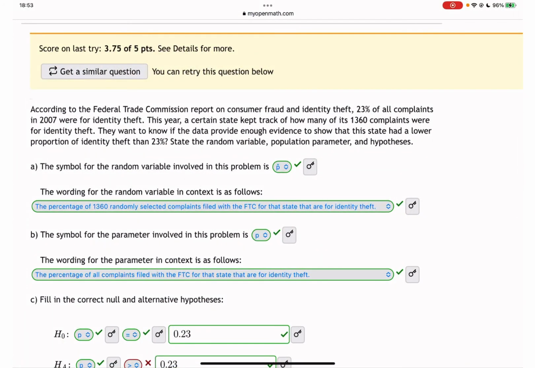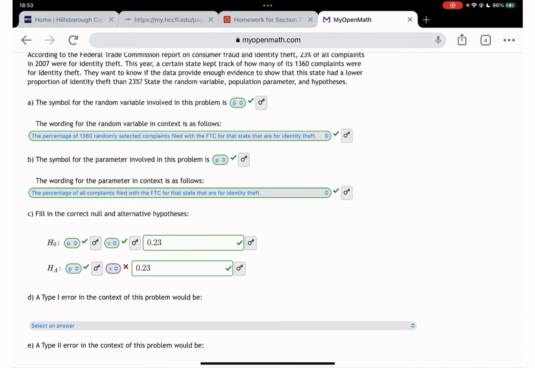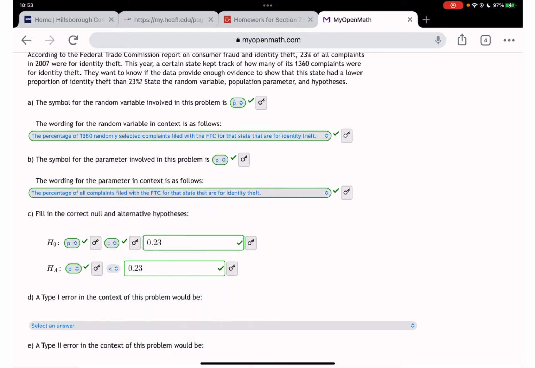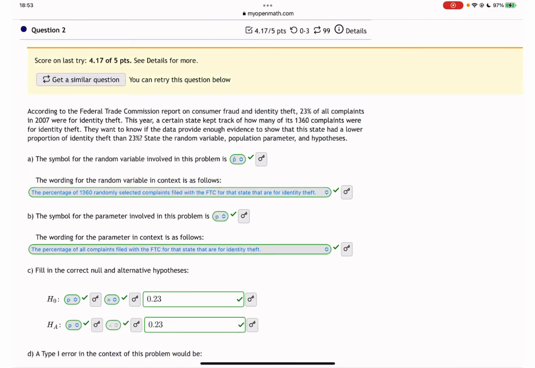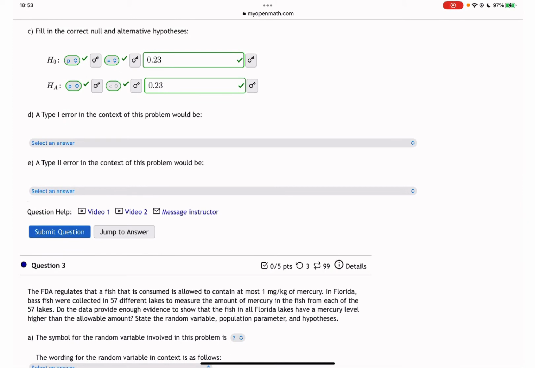They want to know if the data provide enough evidence to show that this state had a lower proportion. Oh, okay. Lower proportion. So it's less than, lower proportion. Okay, let's check it. All right. So I guess I have to make sure the answer is registered before I move on. Otherwise, all my answers are dancing around.